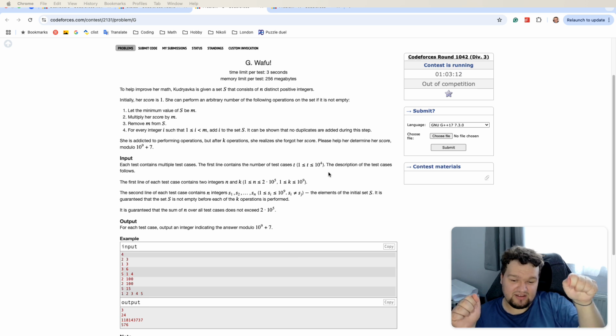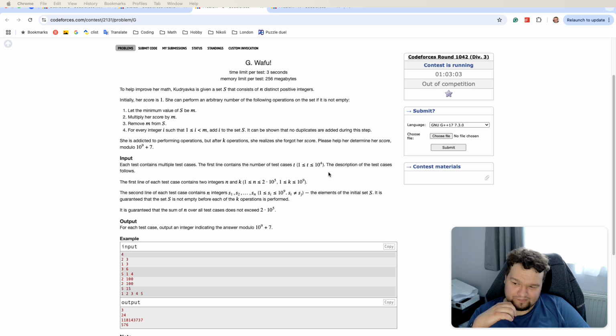So for every element we can try to calculate the total effect of all the operations this element creates.